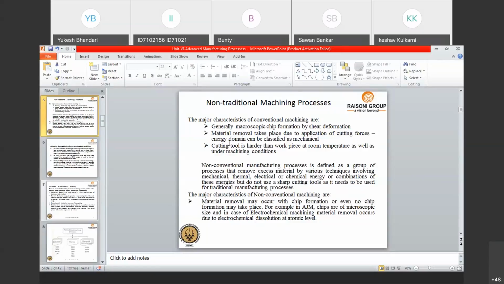Material removal may occur with chip formation or even with no chip formation. This is the difference from conventional machining processes. Sometimes the material is removed in the form of chips, or sometimes no chip is formed.